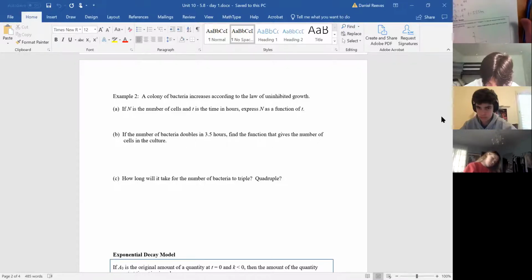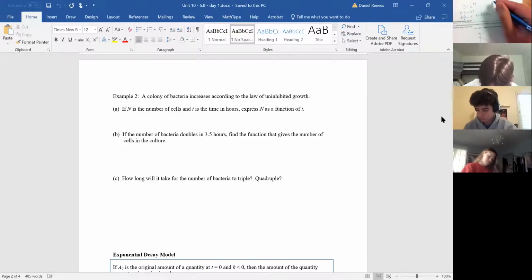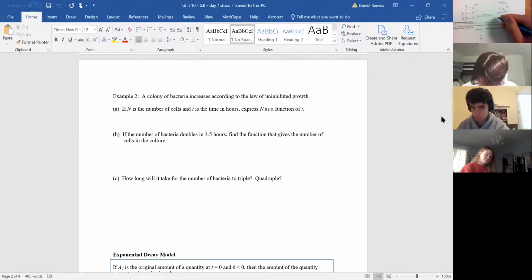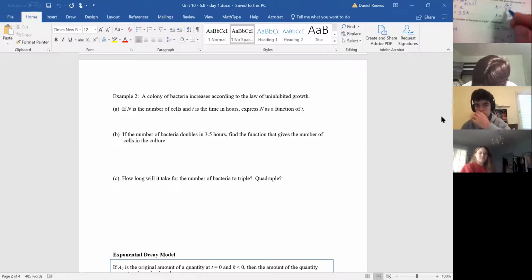Now someone asked me to do it for quadrupling. It's the exact same thing, only this time I'm going to write 4 equals e to the kt. The natural log of 4 equals kt. The natural log of 4 over k equals t. However, I'm going to use the exact value for k here.